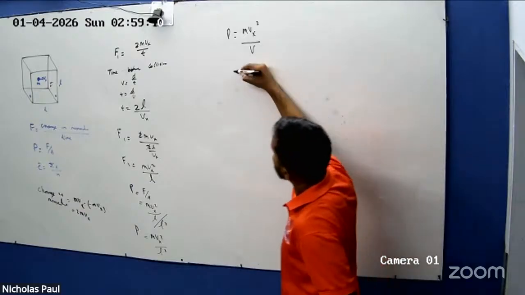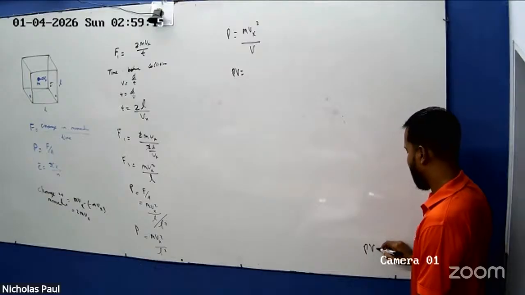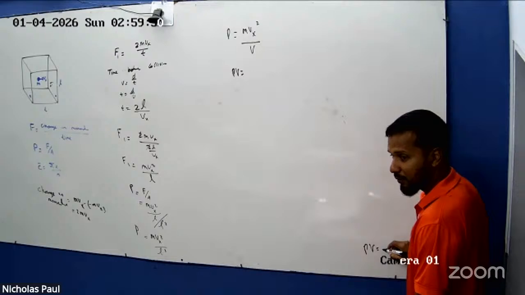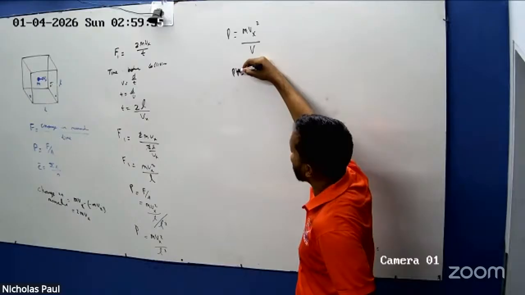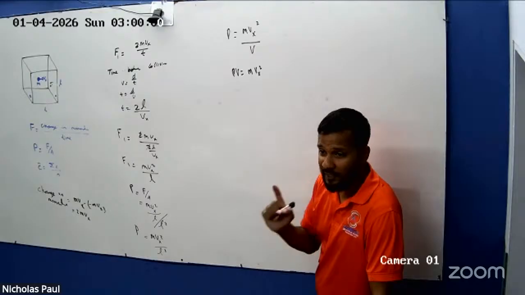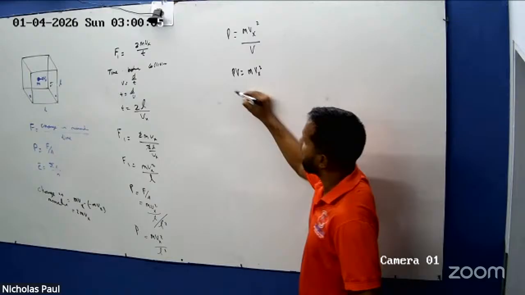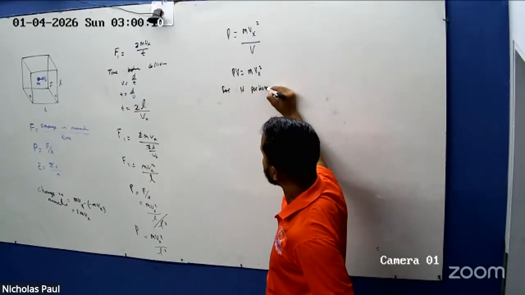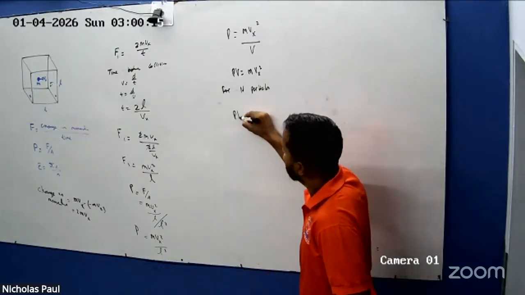You have to remember the formula we're trying to prove. PV is equal to what? We'll do this now. So far we have PV is equal to mVx squared, but that's for one particle. So how do I start to include n particles?